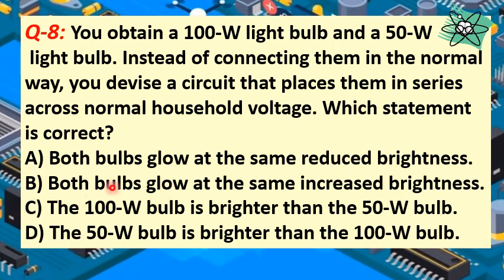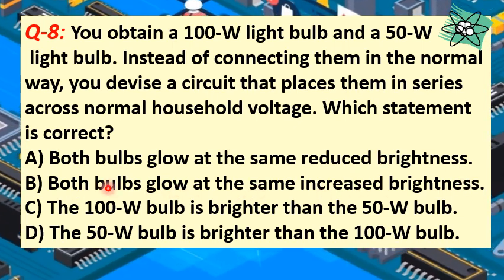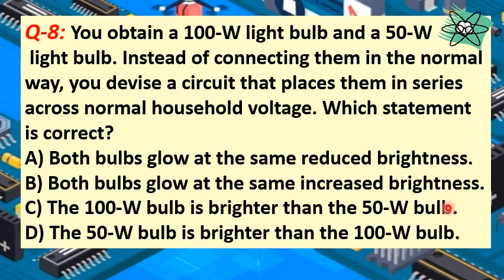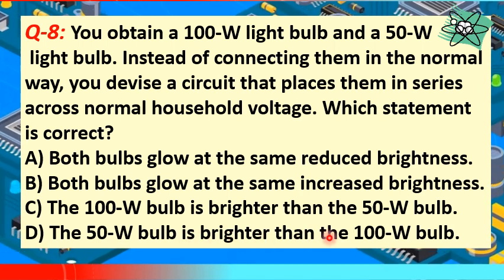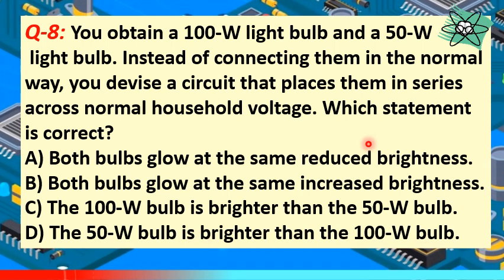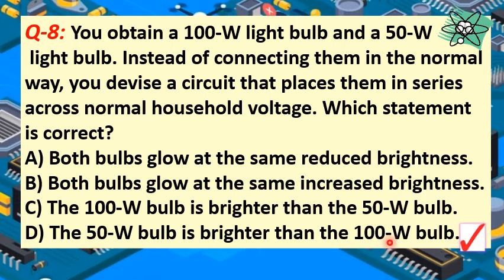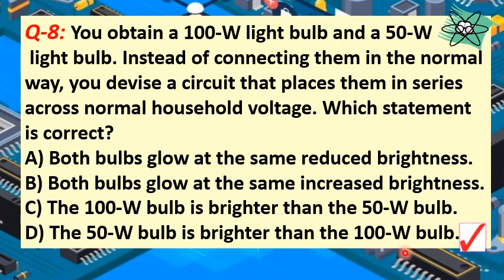Option B, both bulbs glow at the same increased brightness. Option C, the 100-watt bulb is brighter than the 50-watt bulb. And option D, the 50-watt bulb is brighter than the 100-watt bulb. The correct answer to this question is option letter D. The 50-watt bulb is brighter than the 100-watt bulb.